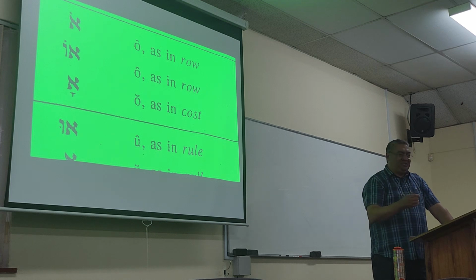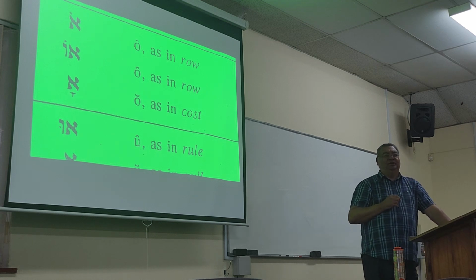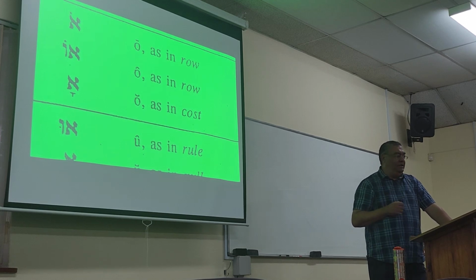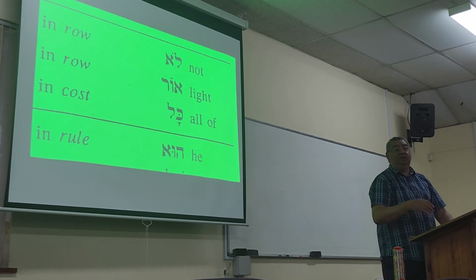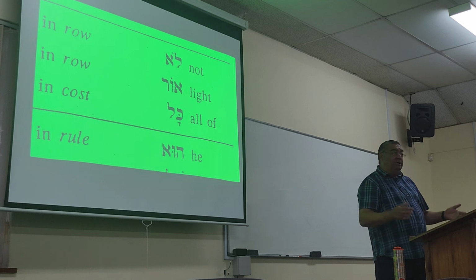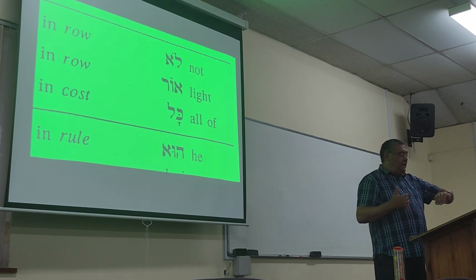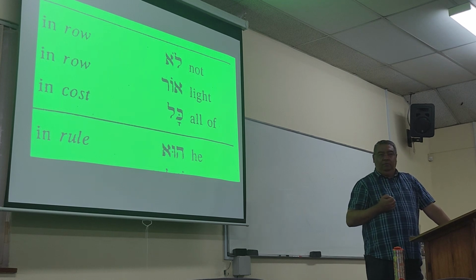word cost. It's actually, once again, American pronunciation, because American pronunciation doesn't actually have the short O sound as we have it phonetically. However, it is this Hebrew word over here, which you're going to encounter as a very common word in Hebrew, that captures the short O class vowel.